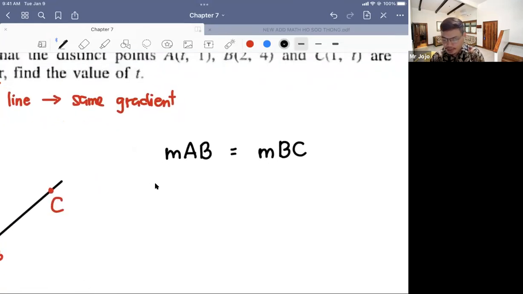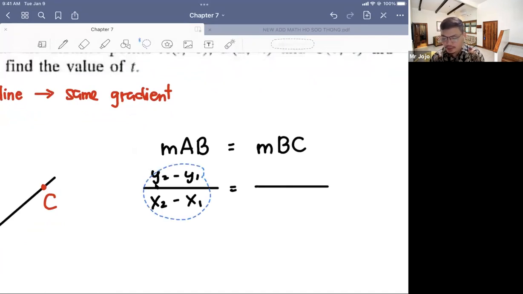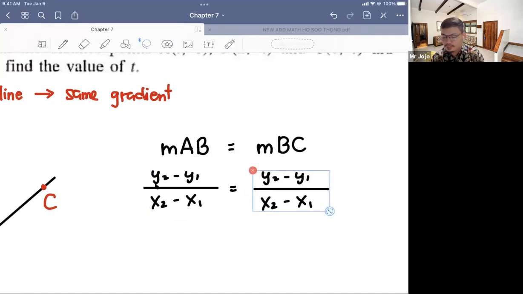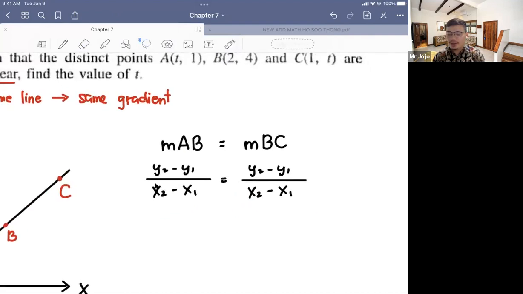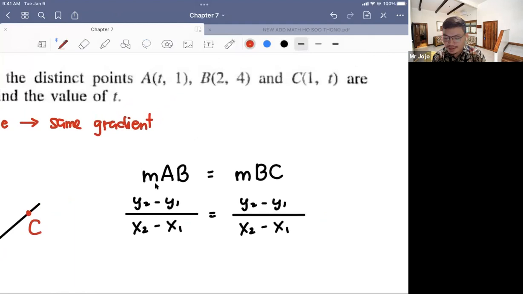All right. So let's begin with the formula again. The formula is y sub 2 minus y sub 1 over x sub 2 minus x sub 1 equals, same here, of course. Okay, wait, let me just copy and paste this. All right, so there you go. Now we substitute their values. Let me start with line AB.